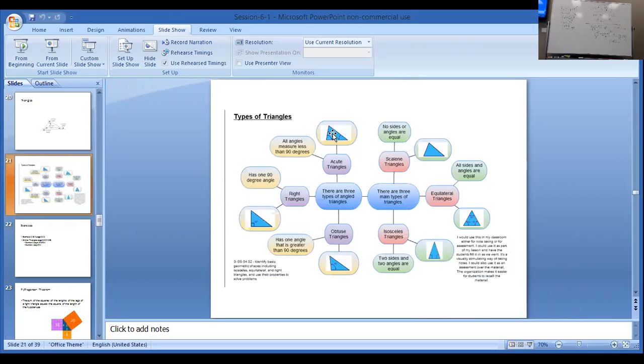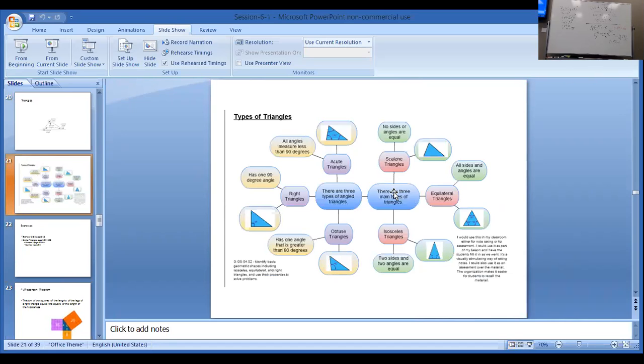This is called an acute triangle because each of the angles is less than 90 degrees. This is a right triangle because it has one angle of 90 degrees. This one is an obtuse triangle because it has one angle more than 90.